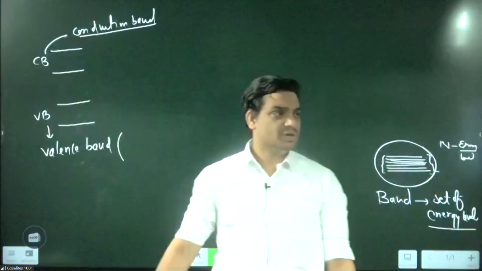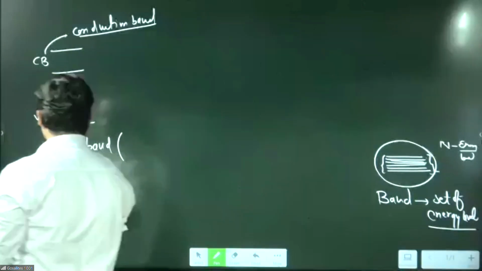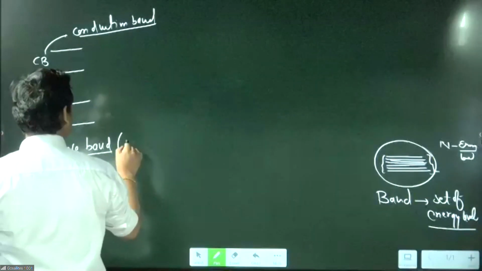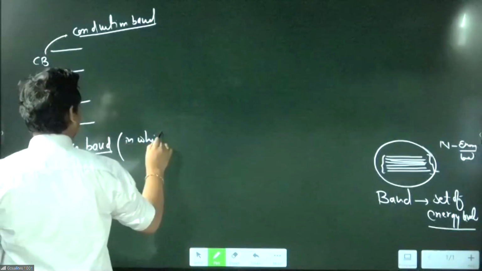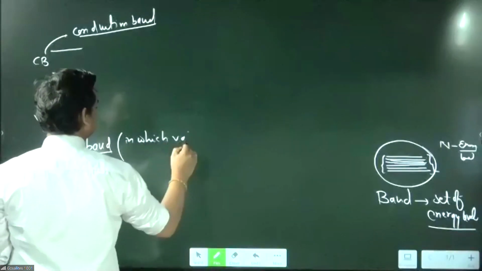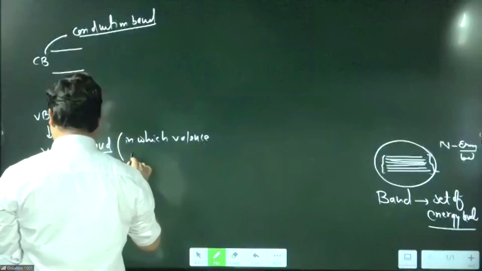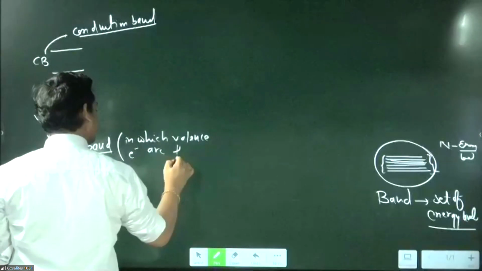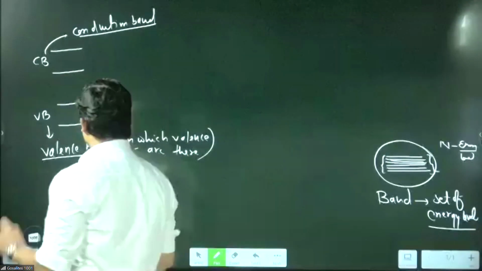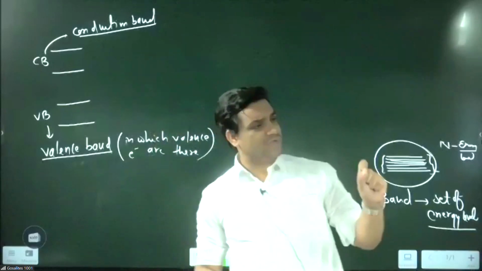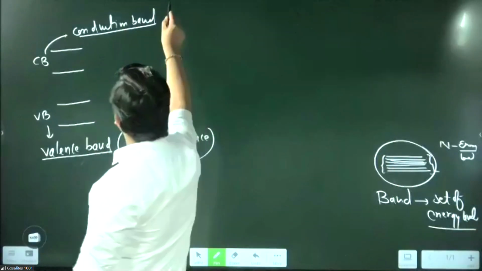Now, the valence band is the one in which valence electrons are there. What is the meaning of conduction band?